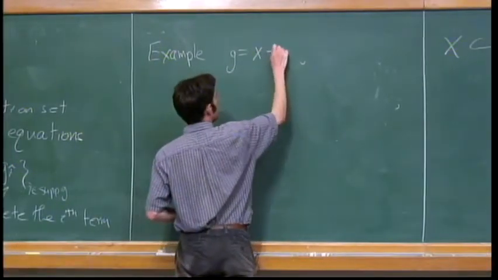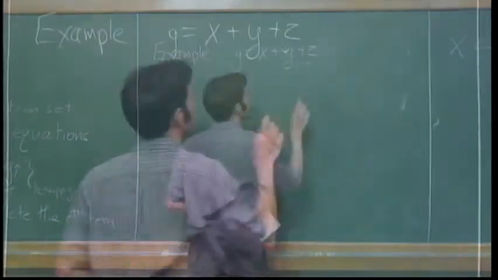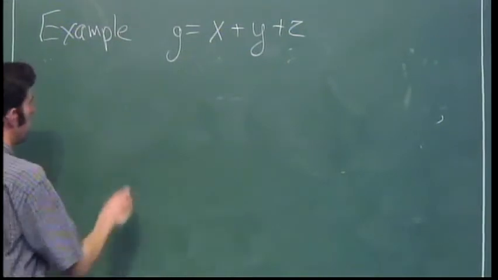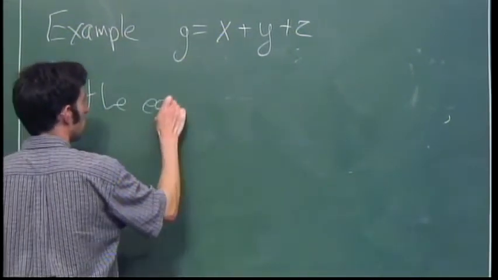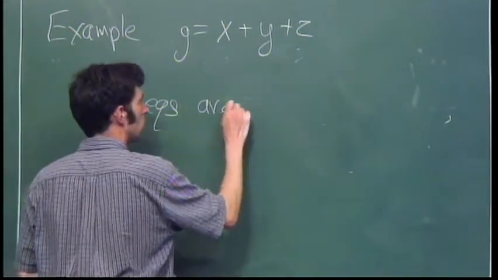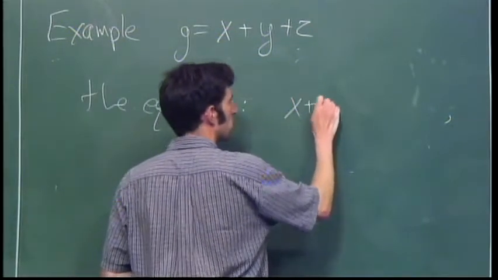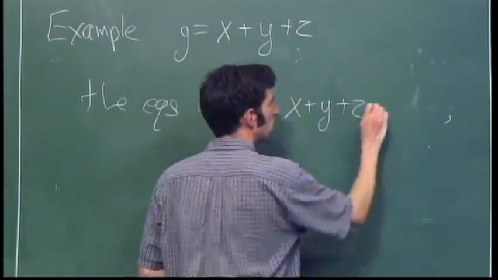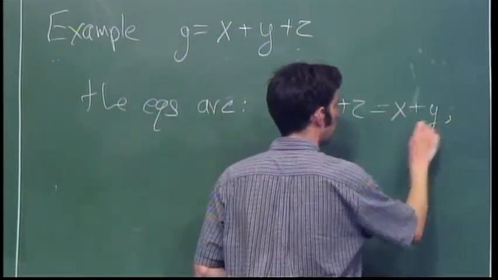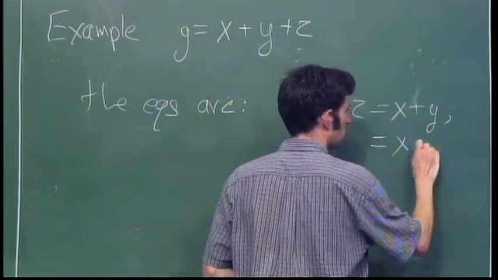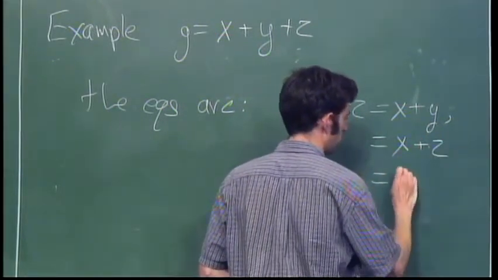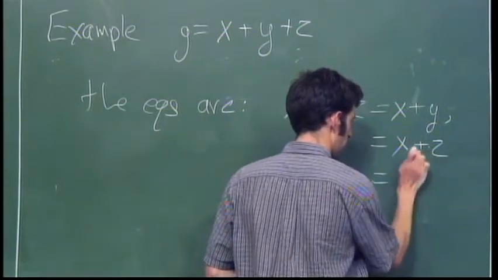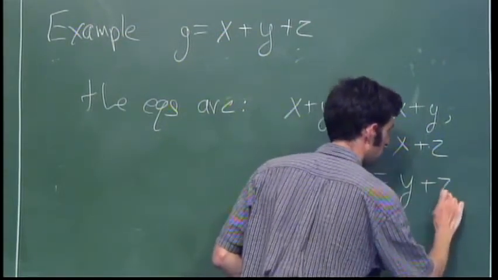If G is x plus y plus z, then the equations are x plus y plus z is equal to x plus y is equal to x plus z is equal to y plus z.